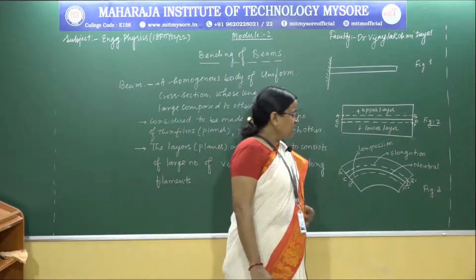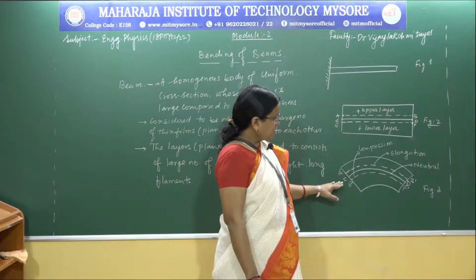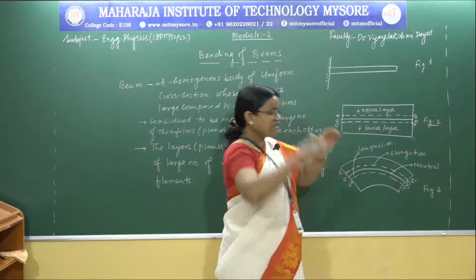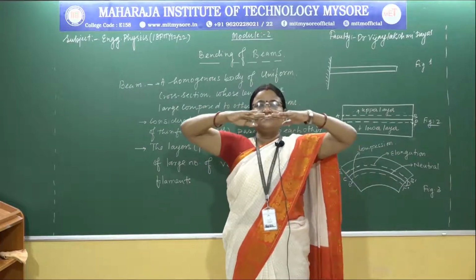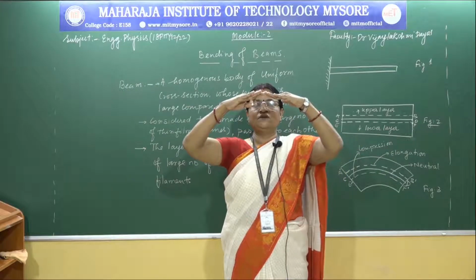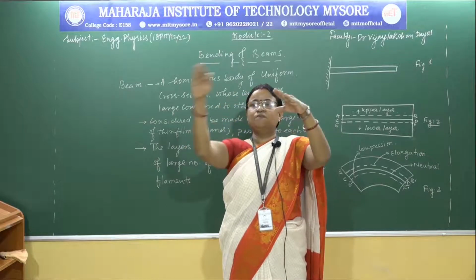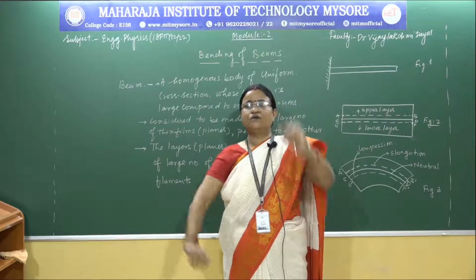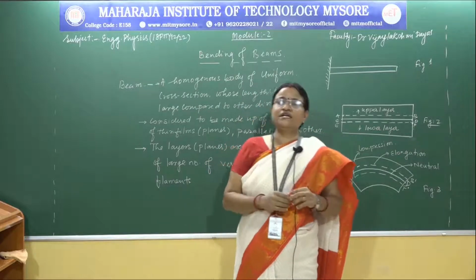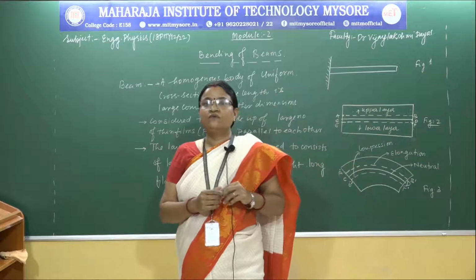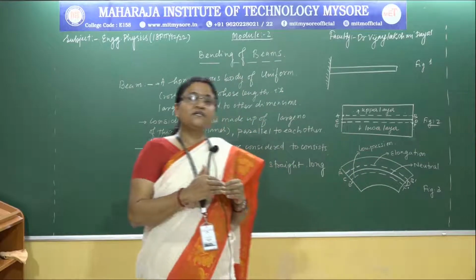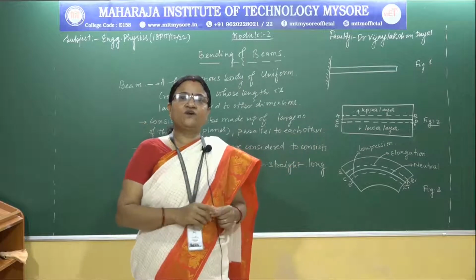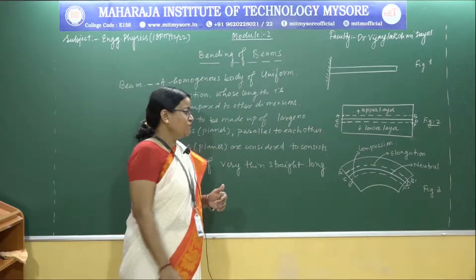If you consider this figure, something that is straight, when you bend it, the upper layer will get elongated and the lower layers will get compressed. But we have to take a reference layer from which we can consider how much elongation has happened in the upper layer and how much compression in the lower layer.